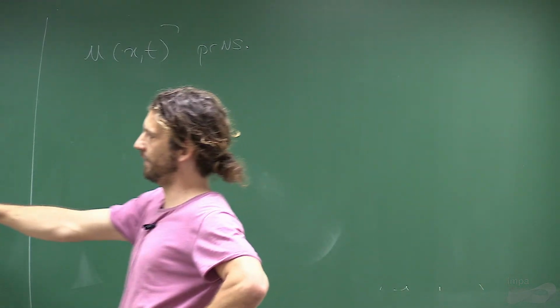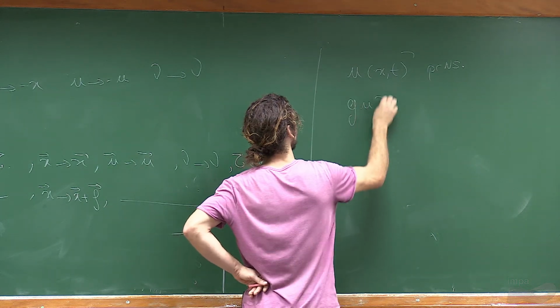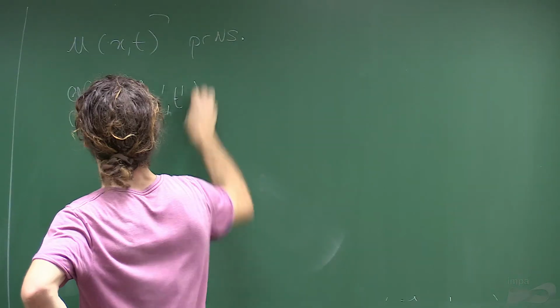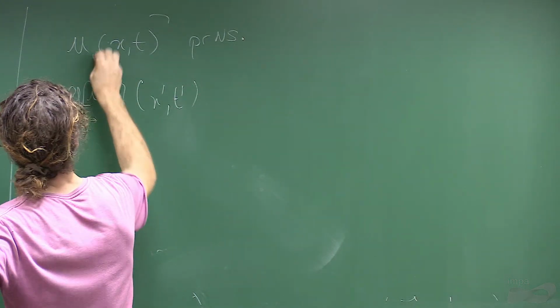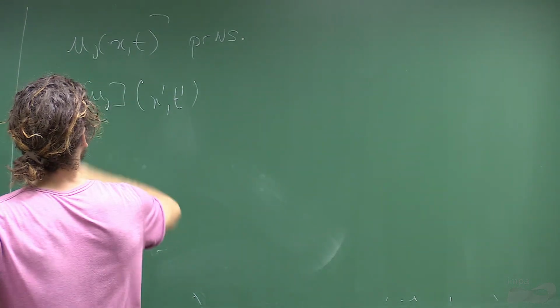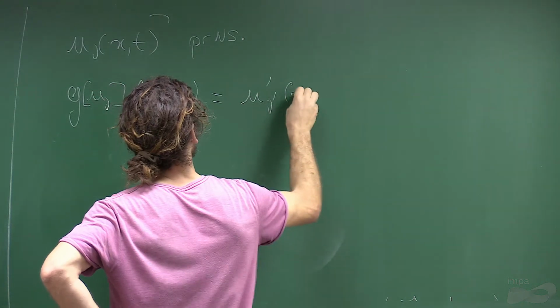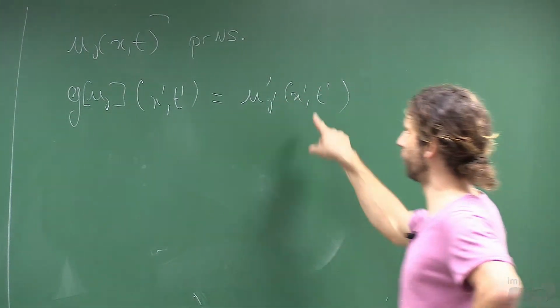Then this prescribes a group G of transformations, u of x prime t prime. And here there is nu involved, so it's u and u nu, that I can write as u prime of nu prime x prime t prime. Okay?